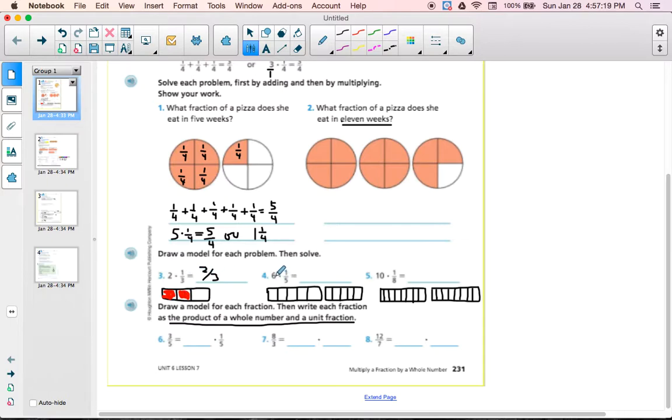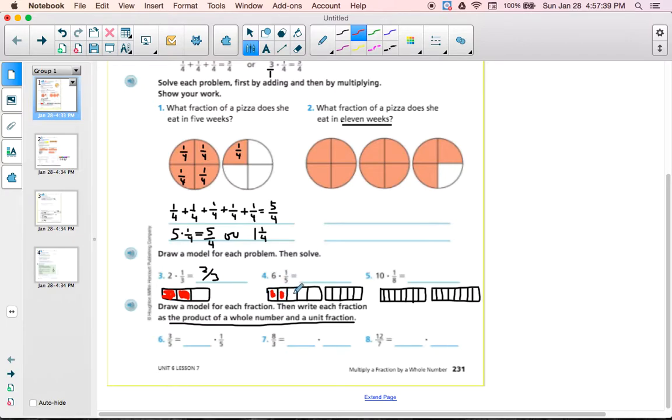Let's do this problem. 6 times 1/5. Again, the denominator is very important. It's telling you divide the fraction bar into 5 equal parts. 1, 2, 3, 4, 5. And I need 6 of them. Okay? Because 6 times 1/5. So there's a fifth.